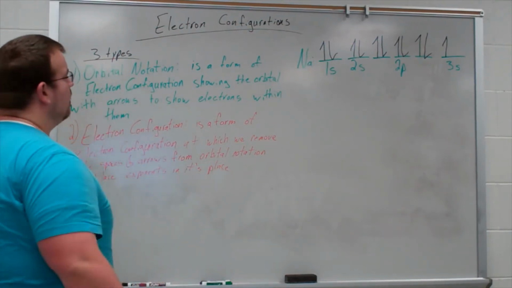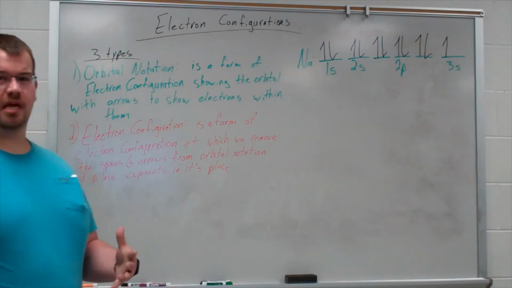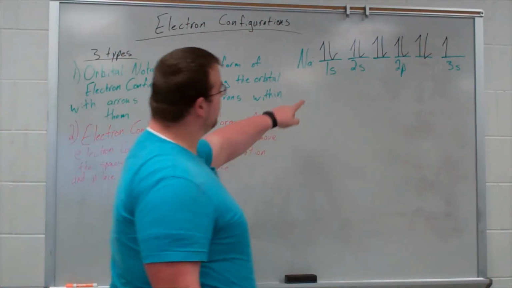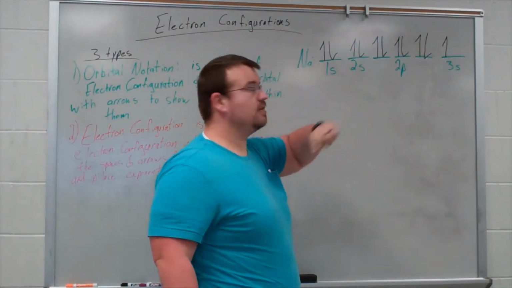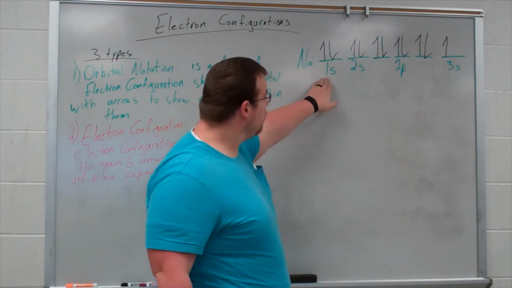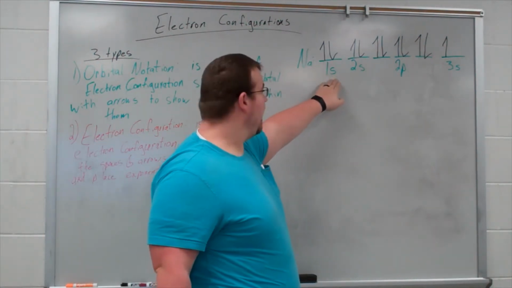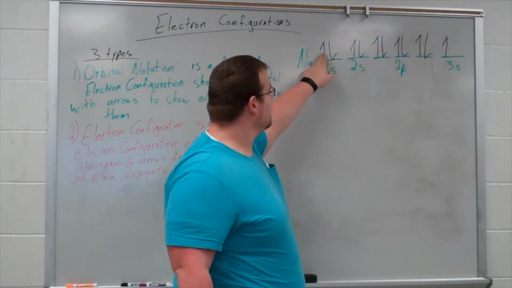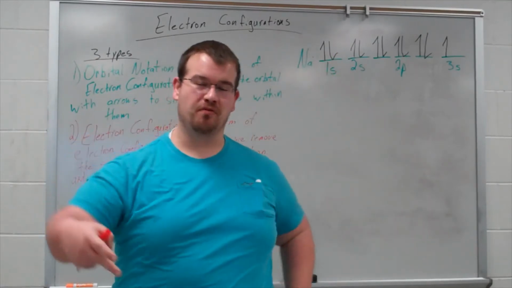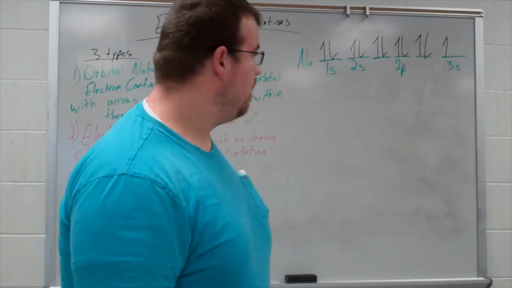Okay? So pretty much what we're going to do is do away with these spaces. So that space there is going to go away. This number and this letter will stay, and then we'll take these electrons and put a number for them as an exponential value.